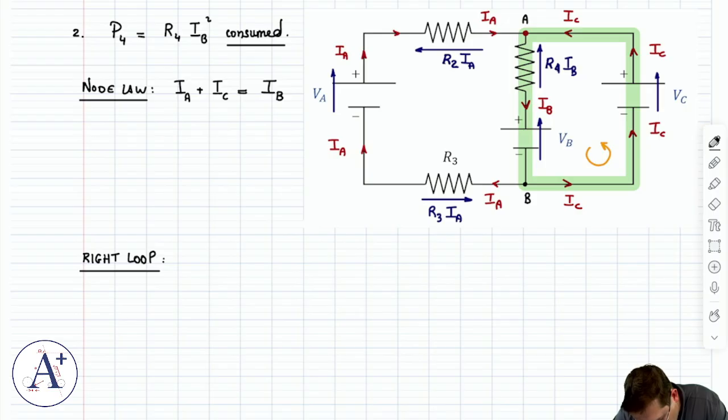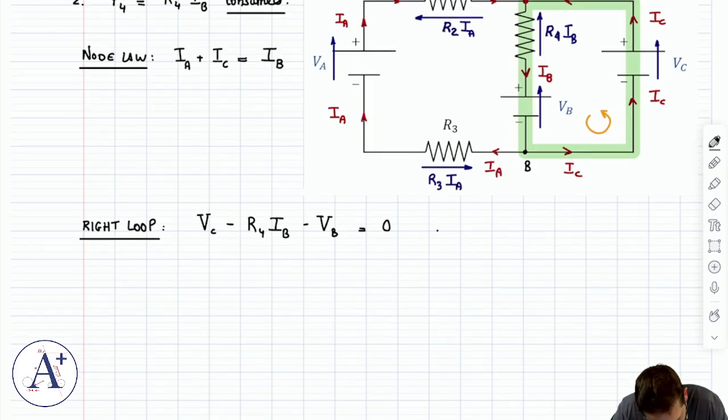Okay, so as I travel upward, VC points up, so VC counts positive. As I travel across, there's no voltage here. As I travel down, I go against R4IB, so minus R4IB. And then I go against VB, so minus VB. And that's going to be equal to 0.